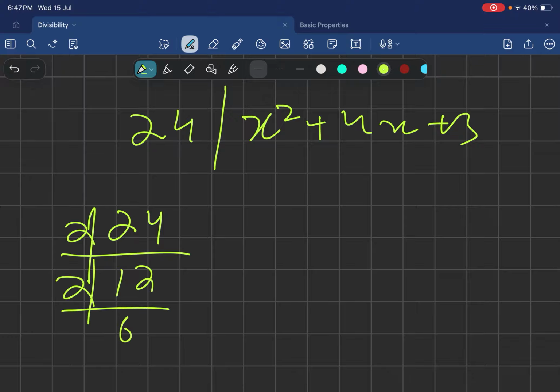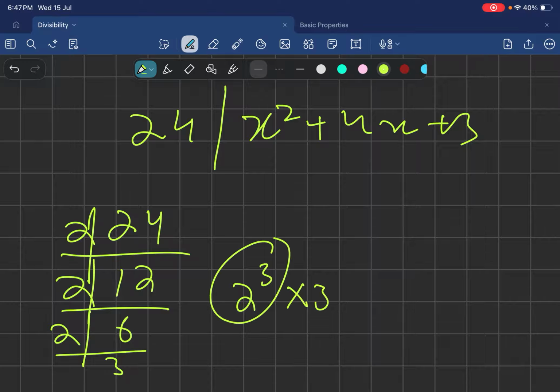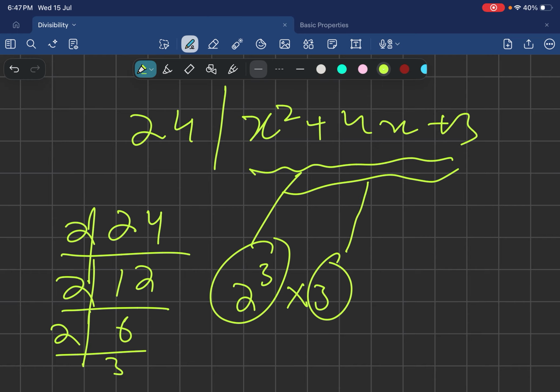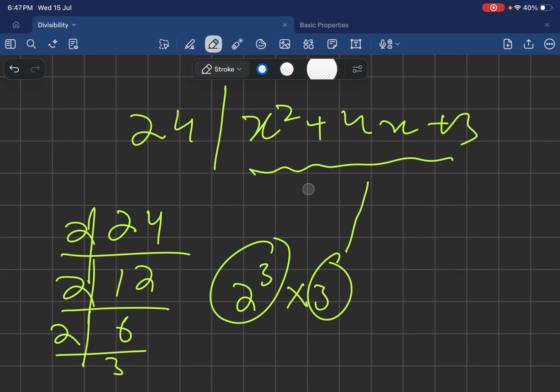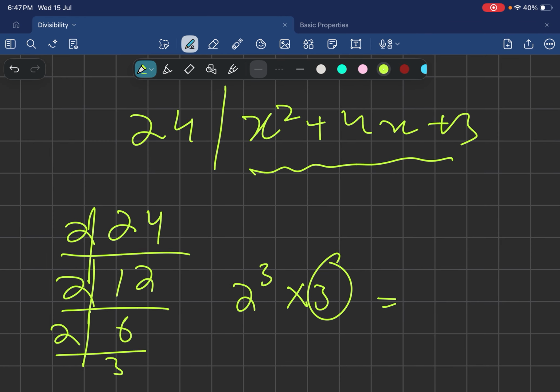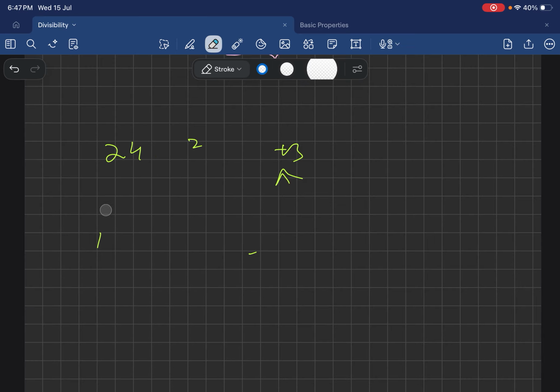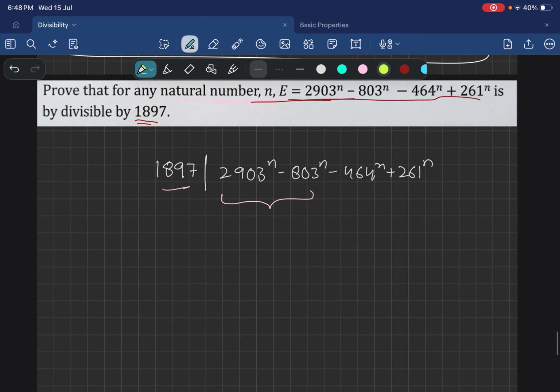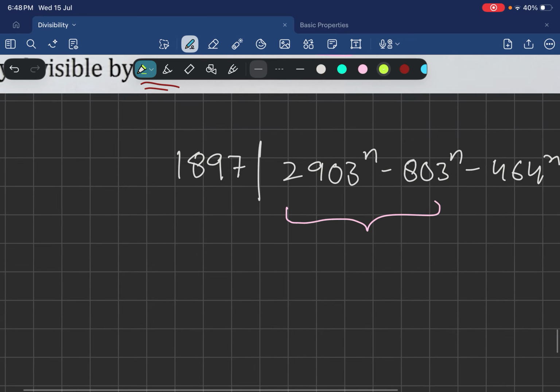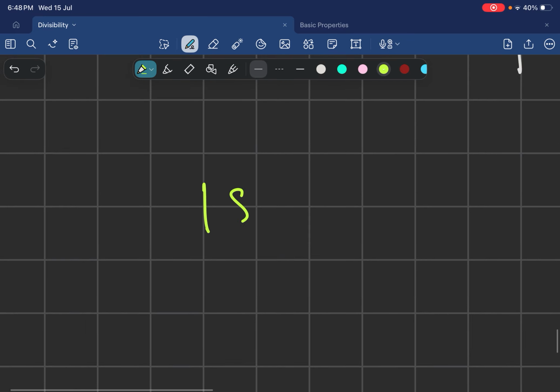If I do prime factorization, I get 2 to the power 3 into 3. If 2 to the power 3 divides this whole expression and 3 divides this whole expression, then I can say that 8 and 3 divide it, so the whole expression is divisible by 24.